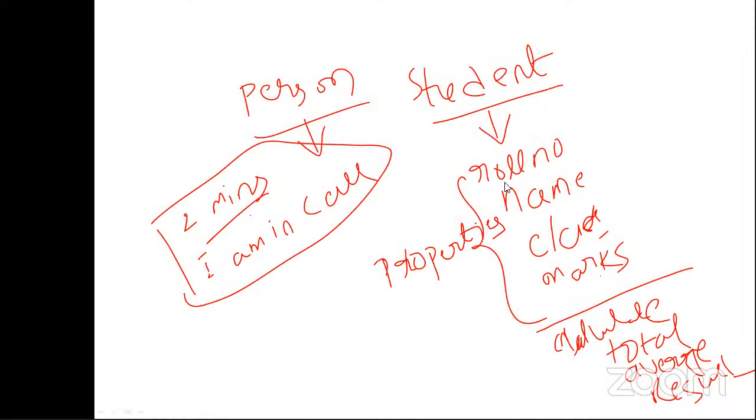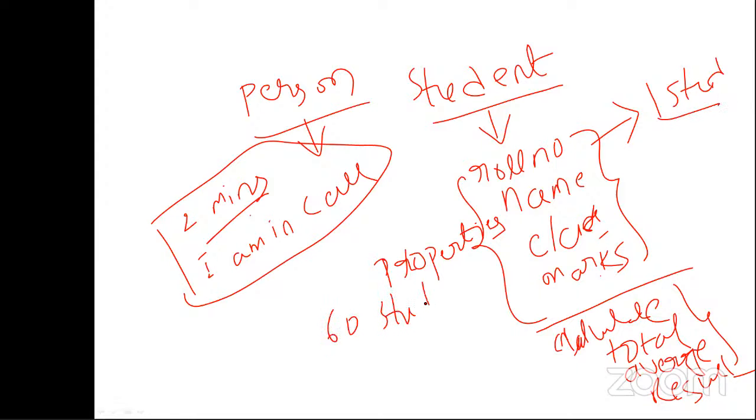When you are considering one student, the student has all these properties and these functionalities. If the class has 60 students, then each of the 60 students has their own properties and functionalities. For all these things, I'm going to make one carbon copy that we call a class.